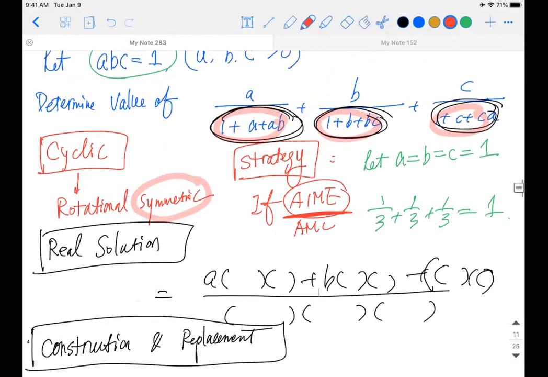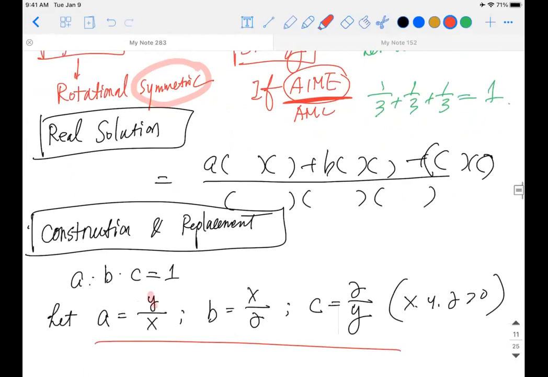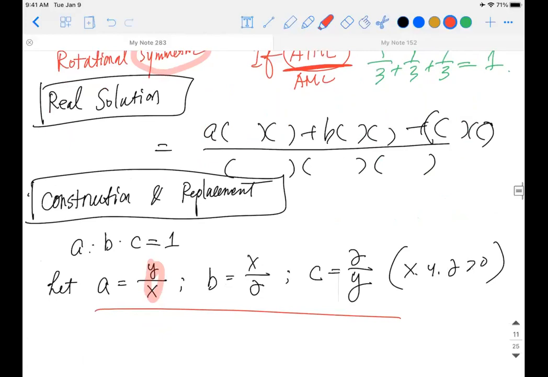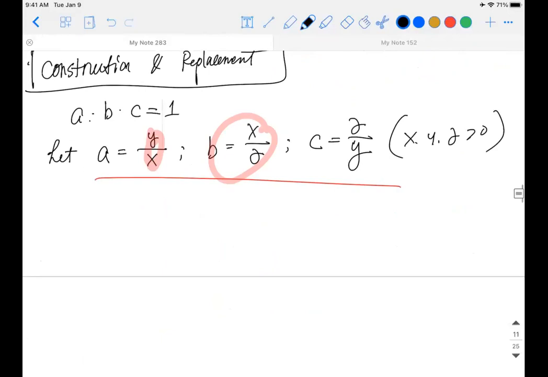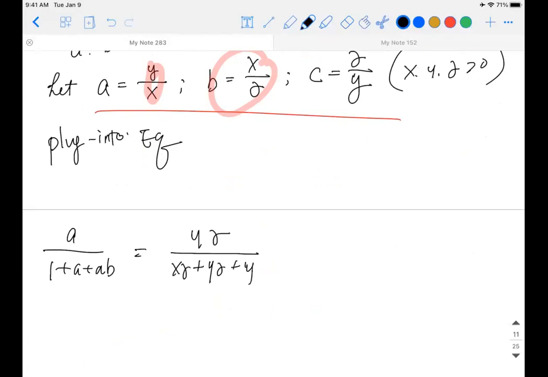let's try to plug everything into the first expression. A is equal to y over x. B is equal to x over z. There's no trick. You just do a hard calculation. Plug into the equation. The first one, 1 plus A plus AB, will be equal to yz, xz, yz, yx.